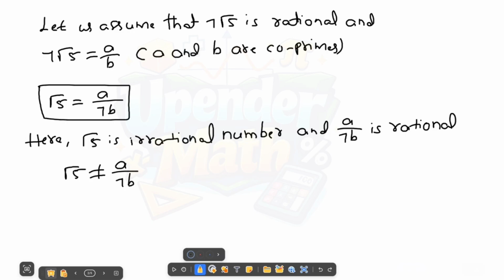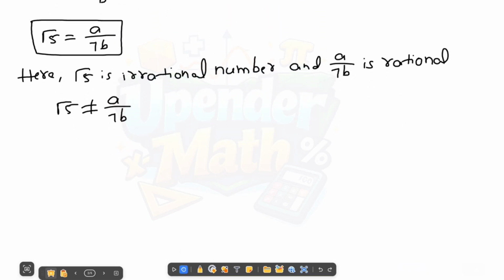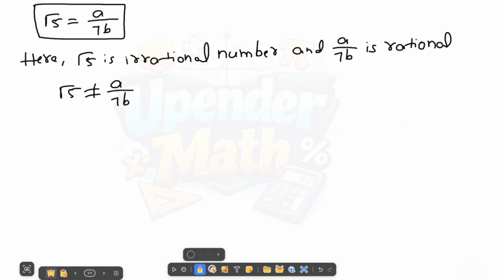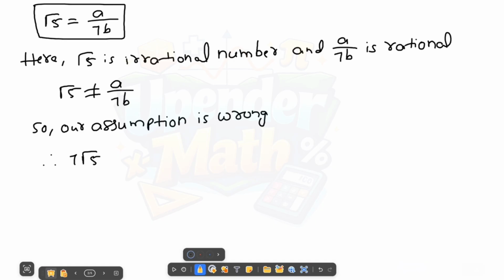So this contradiction has arisen because of our wrong assumption. So our assumption is wrong. Therefore 7 root 5 is an irrational number.